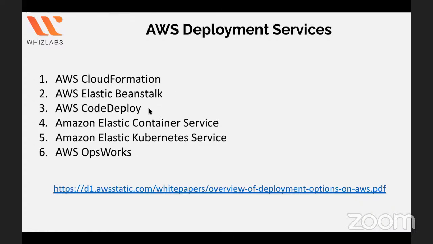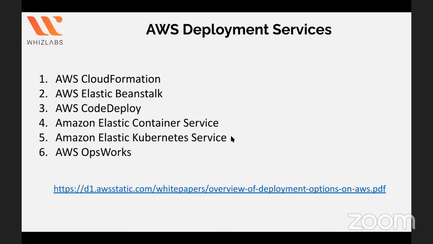Now, using CodeDeploy, you can deploy your resources on Beanstalk or EC2 or your containers. Now, these two are container related services. You should know them for this exam, but not in detail. It is fine. So ECS is a managed Docker service. It just gives you an EC2 instance where Docker is pre-installed, and using that, you can launch any of the services or create your Dockerfile to deploy the images.